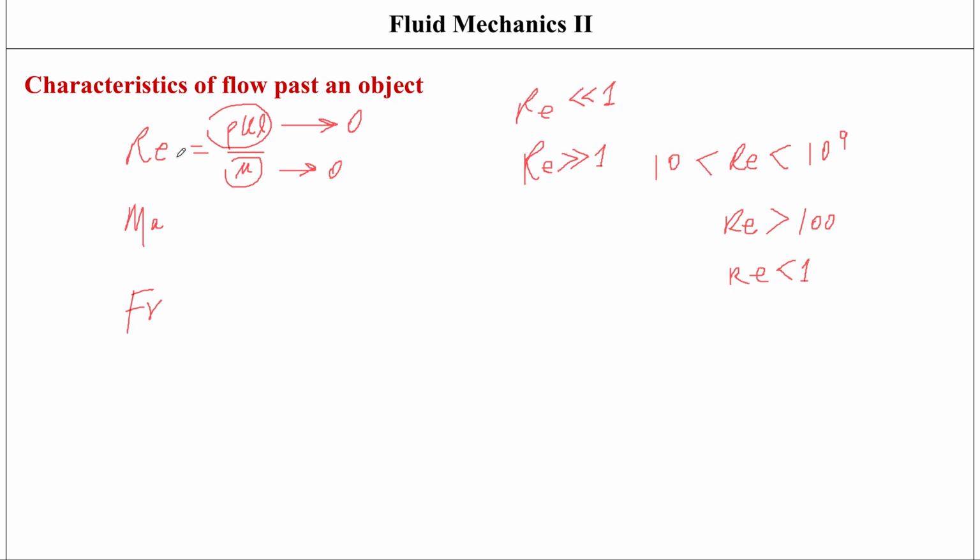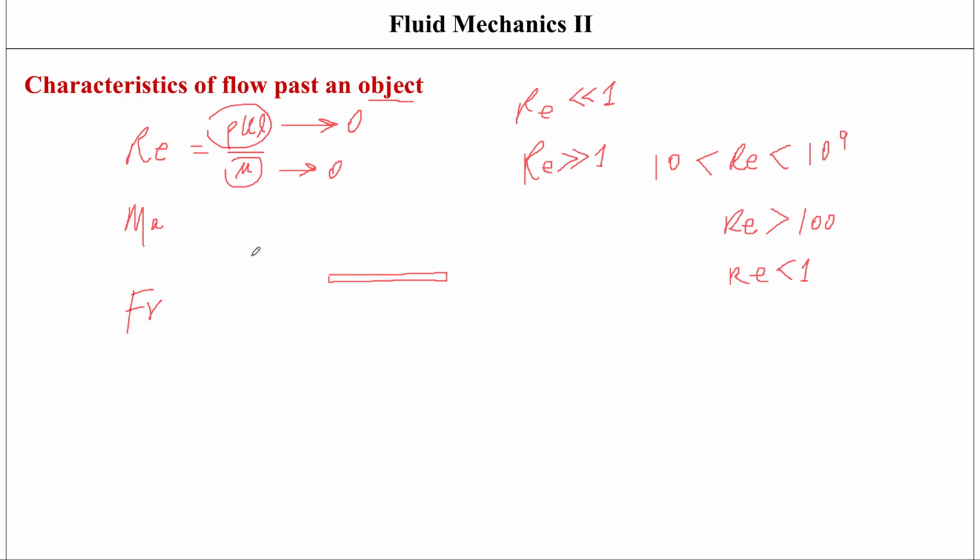So we're going to look at two things in this video. We're going to look at flows past two different kinds of objects. We're going to be looking at a flat plate, which is probably the simplest kind of object across which we can look at the fluid.